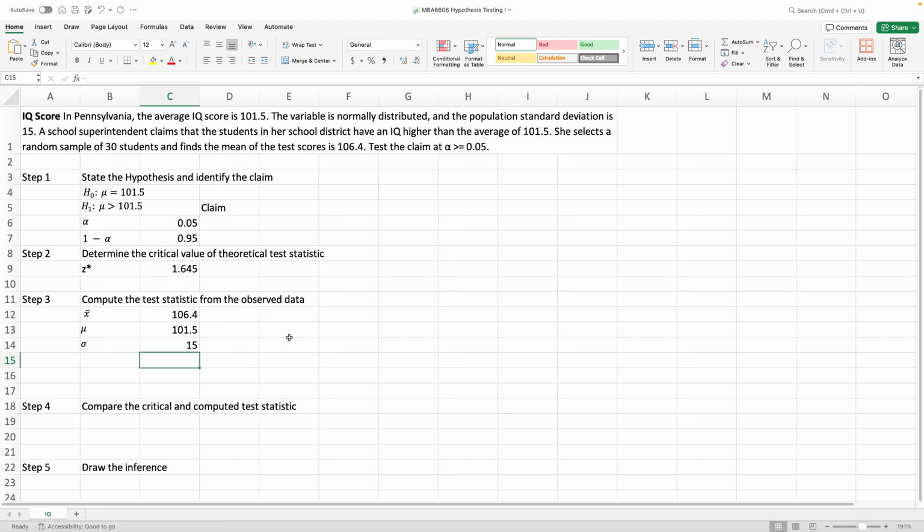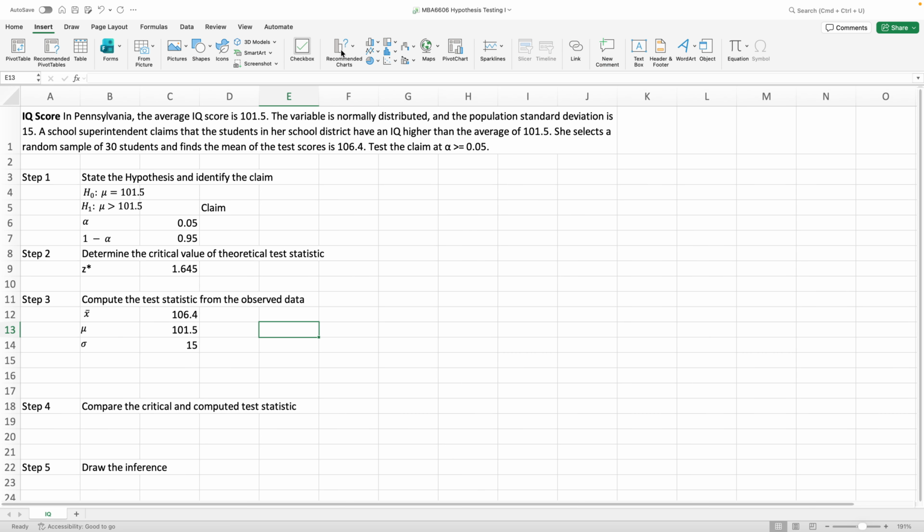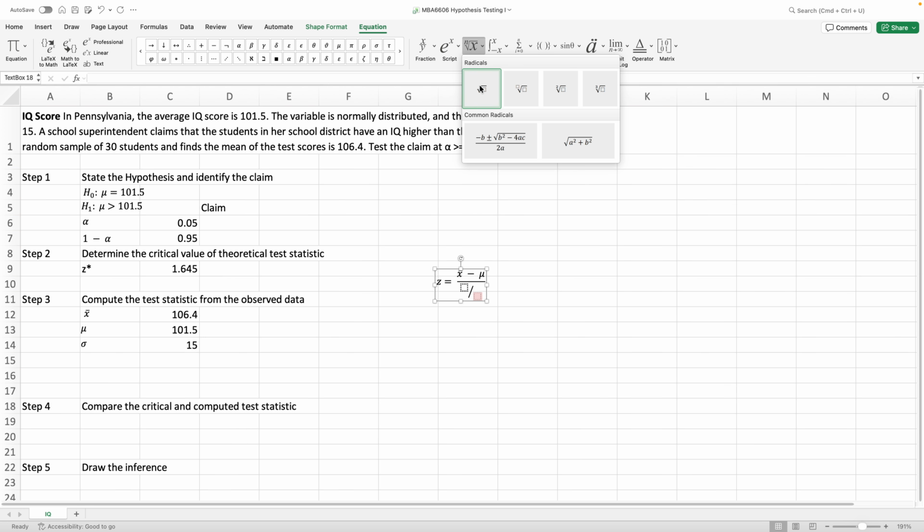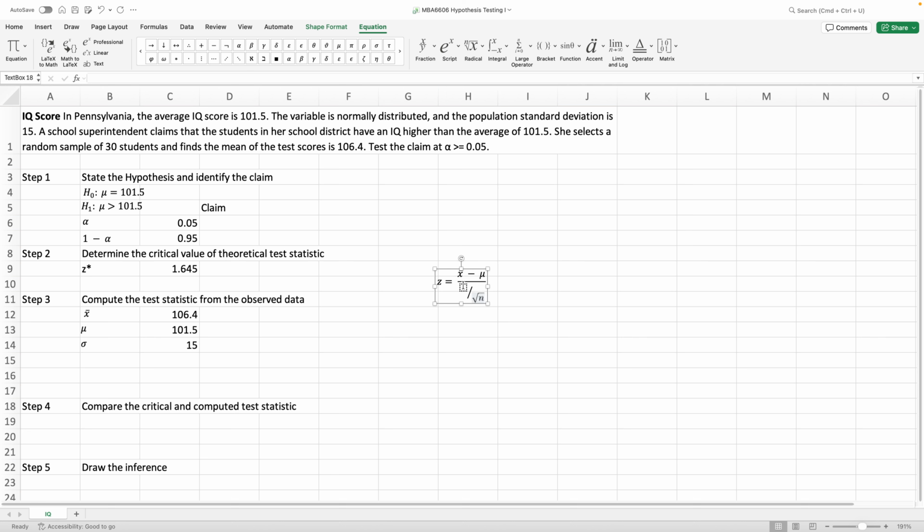Now what is the formula for the Z? So let's put the formula of Z. Z equal to x bar minus mu divided by, this will be root of n, and this is sigma.